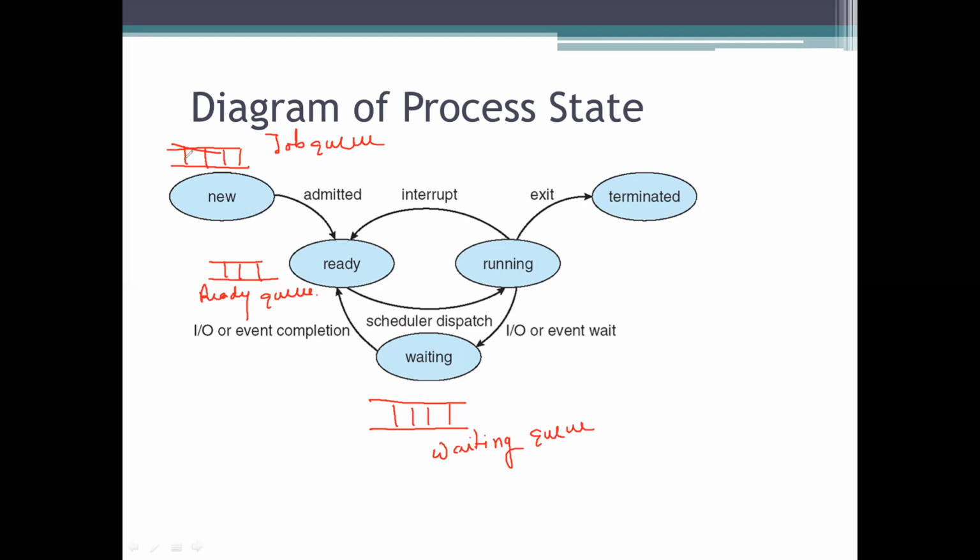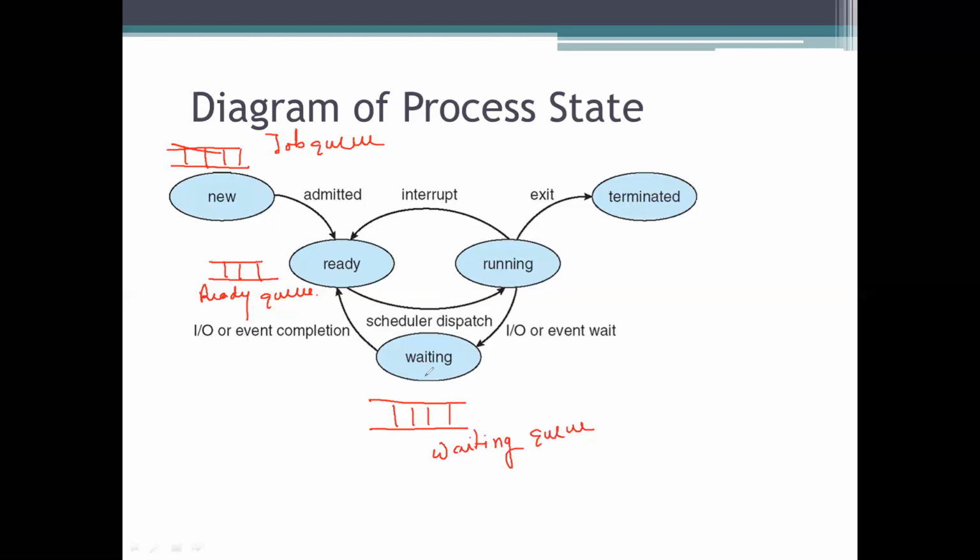The task of the scheduler is to select a process from this job queue and assign it to the ready state. When the process comes to the ready state, it is inserted in the ready queue. Many processes are already present in the ready queue, waiting to get the CPU. A scheduler is also associated with this ready queue; it selects a process from the ready queue and assigns it to the CPU for execution.